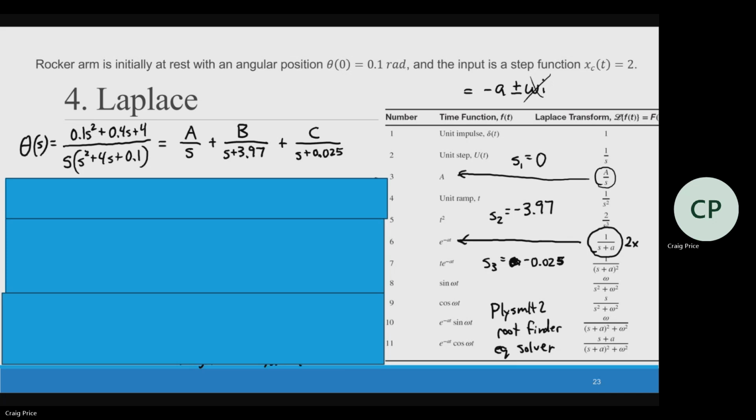Yeah, that's correct. Yes. Yeah, it's like negative 0.025 and negative 3.97.